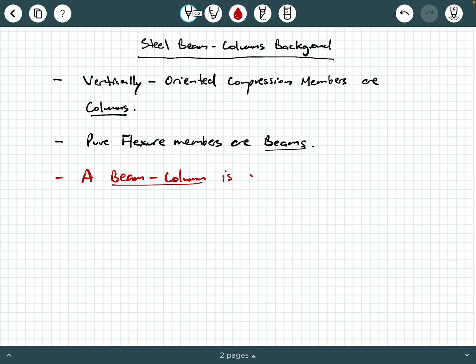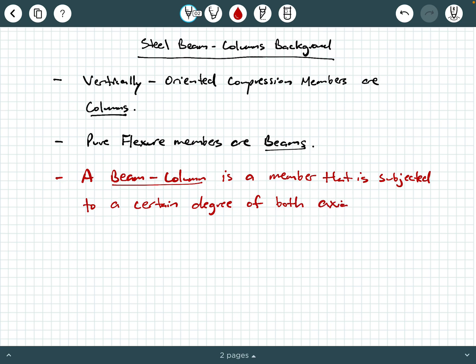A beam column is a member that is subjected to a certain degree of both axial compression and internal bending or flexure.